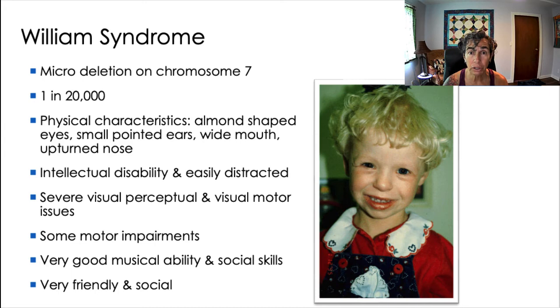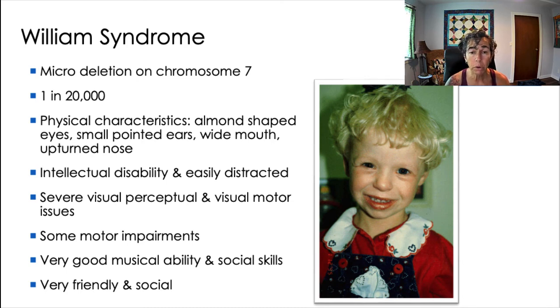So attentional difficulties are a big part of this, especially as kids move into school years. There's severe visual perceptual and visual motor issues. And I've actually worked with a couple kids with Williams syndrome, and this is marked. It's very interesting where the challenges kind of fall out in these different syndromes.